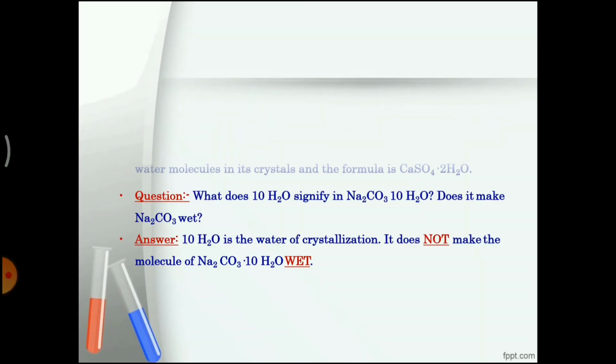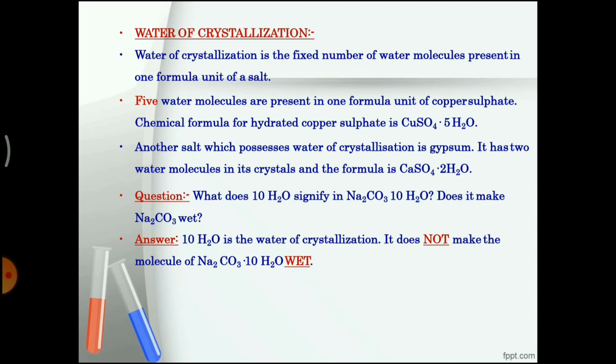These are called water of crystallization. Water of crystallization is the fixed number of water molecules present in one formula unit of a salt. Five water molecules are present in one formula unit of copper sulfate.